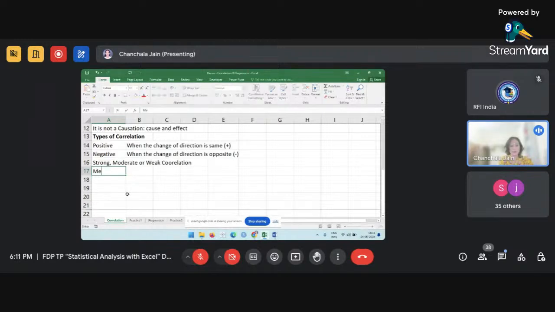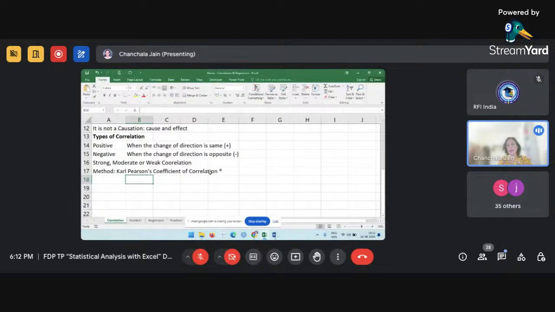Then, how can you measure correlation? The method of measuring correlation, the well-known one, is Karl Pearson's coefficient of correlation. This method you can use to get the value of correlation, and it is denoted by the small alphabet r.